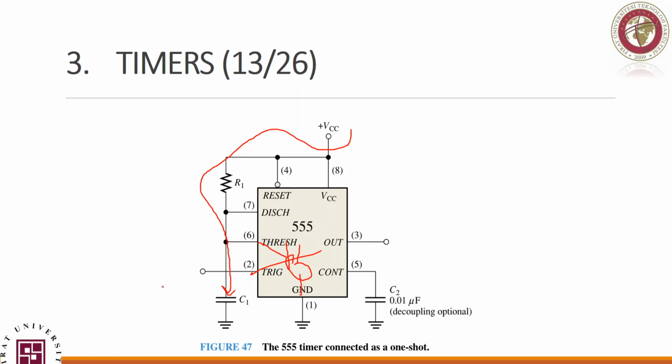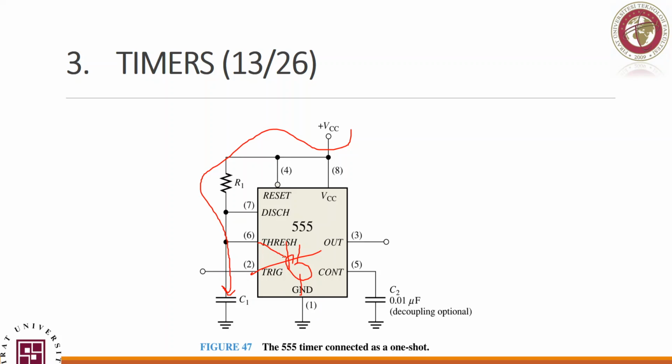The electric current goes to the easiest path. If we have a ground here, it will go to it. If we have this C1 in parallel with the ground, it won't go to C1, it will go to the ground directly.